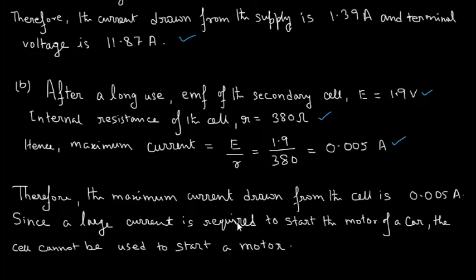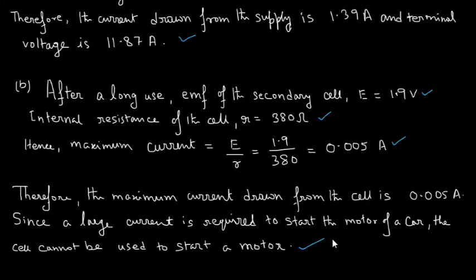Therefore, the maximum current drawn from the cell is 0.005 ampere. Since a large current is required to start a motor of a car, the cell cannot be used to start a motor.